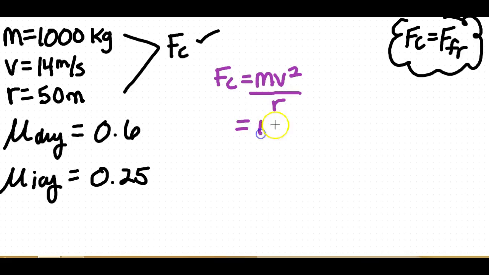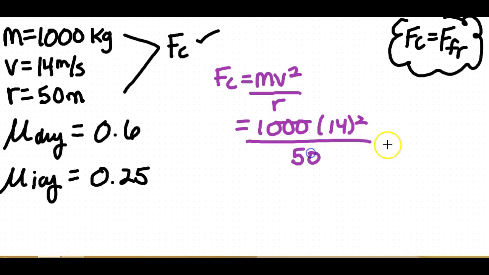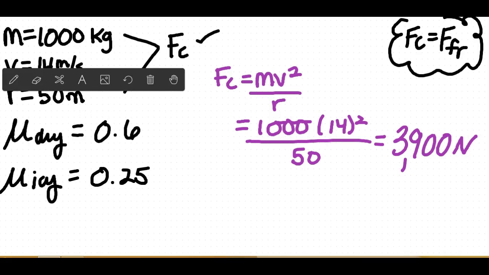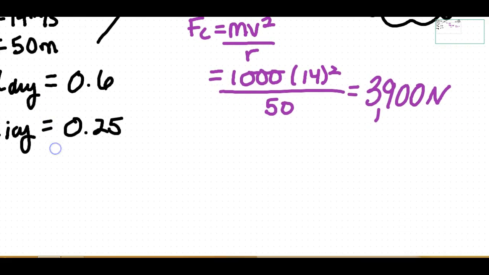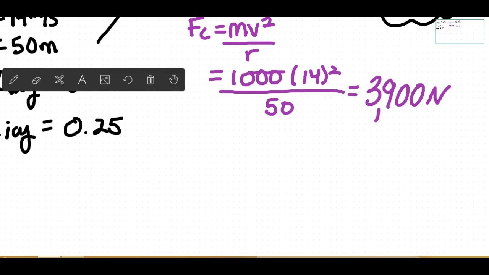And the mass is 1,000, the velocity is 14, and the radius is 50. So when we go through all that, we're going to end up with a centripetal force of 3,900 newtons. So that means that the friction force of our dry and icy surface has to at least equal that, or we were not going to make the curve.